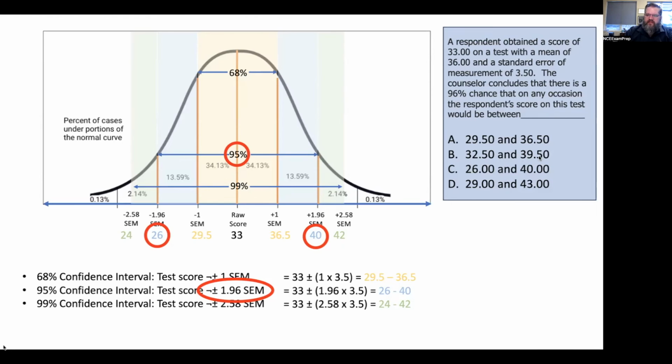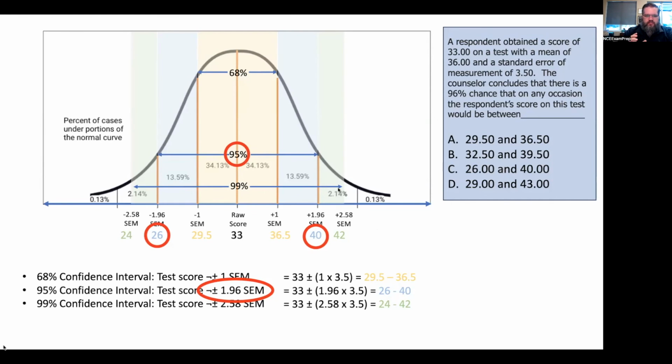If we look at 32.5 to 39.5, 32.5 is above the raw score, so that's not going to give us a 96% confidence interval. 26 to 40 is right where 95 or 96% is going to be. And then D, 29 to 43, that doesn't give us the range. So with our standard error of measurement, that interval is going to fall equally below and above the raw score. And so in this case, the answer is C, 26 and 40.